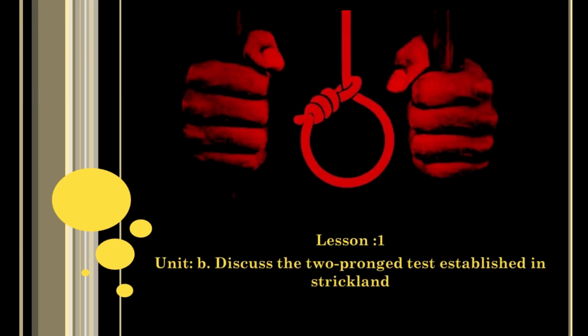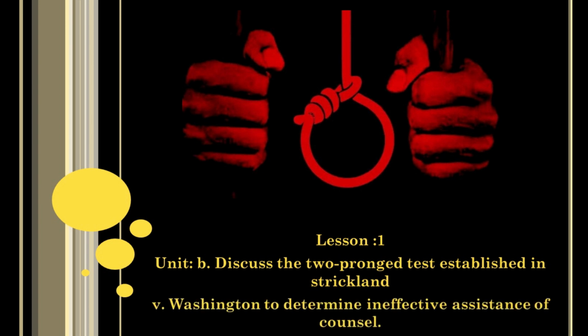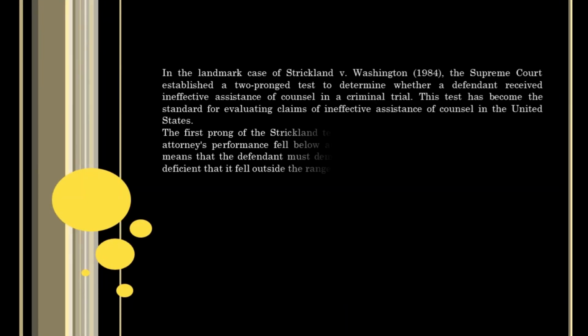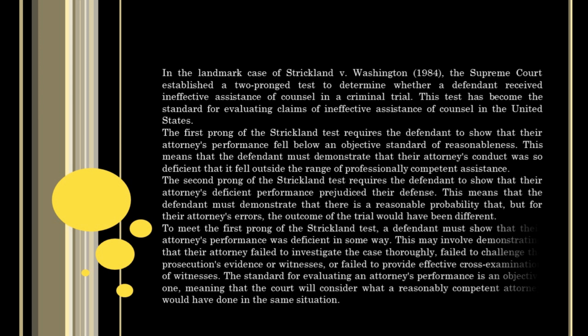Lesson 1. Unit B. Discuss the two-pronged test established in Strickland v. Washington to determine ineffective assistance of counsel. In the landmark case of Strickland v. Washington, 1984, the Supreme Court established a two-pronged test to determine whether a defendant received ineffective assistance of counsel in a criminal trial.